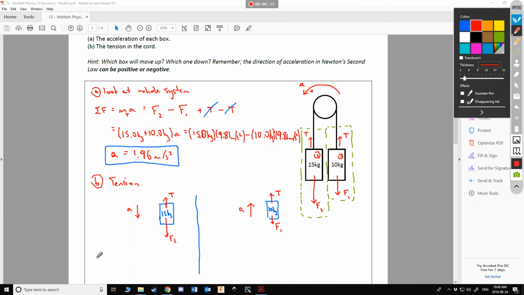Right, our equation: the sum of the forces is equal to mass times acceleration. For the 15 kilogram block, this is mass 2 times acceleration. F2 is causing this to go downwards, and it's being opposed by tension T. Just like in the elevator problem we saw in day 1, T comes out to be F2 minus M2A, which is M2G minus M2A.